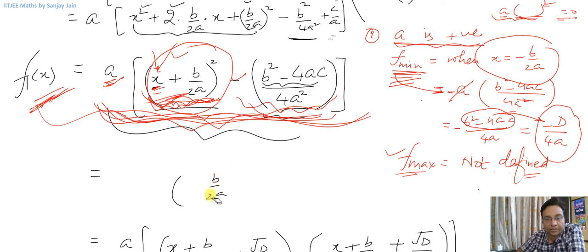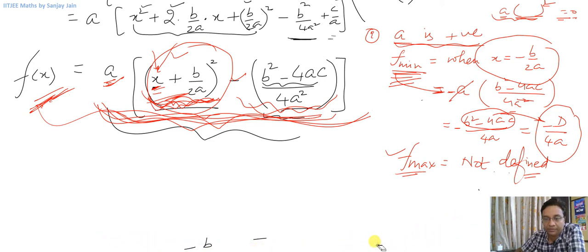I think this much space will be enough, because if you have understood case number 1, you can understand case number 2 very easily.